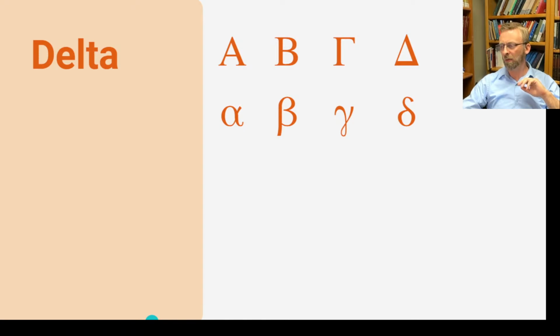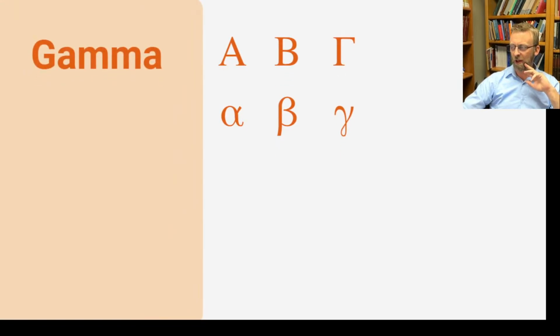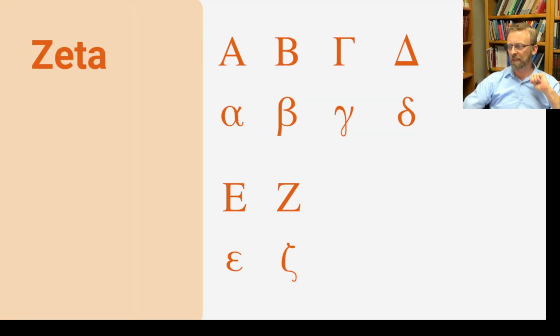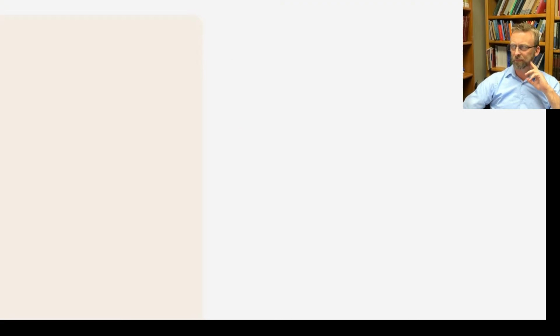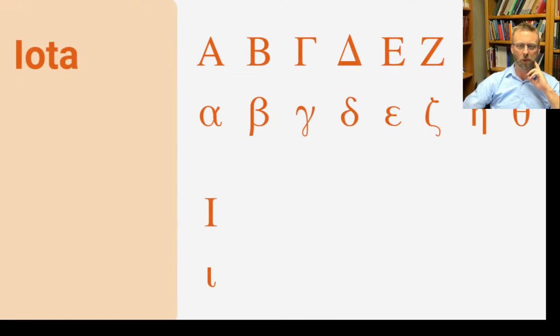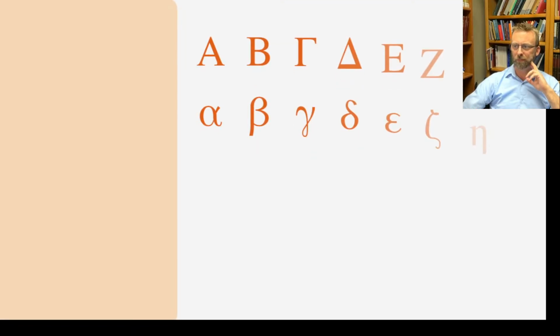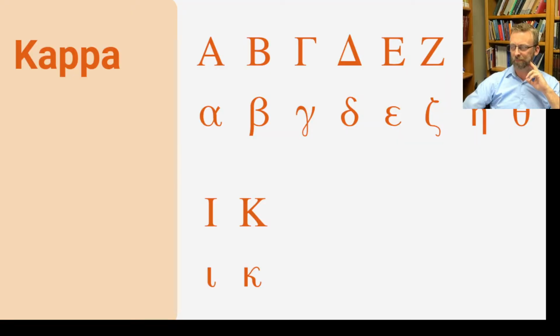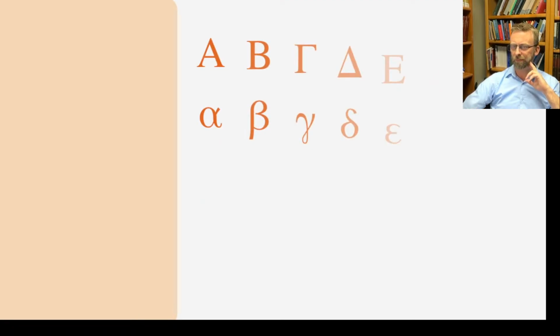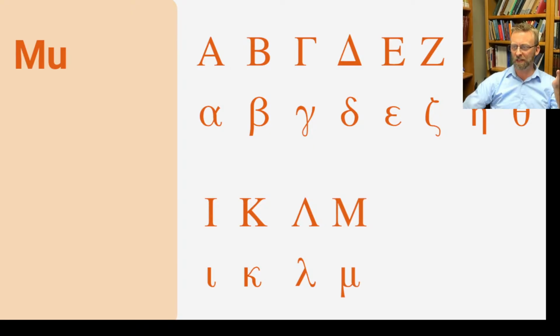Then we skip over gamma, delta, epsilon, zeta, eta, theta, iota, kappa, lambda, and mi. Notice it says mu up there because that's how we're taught in Erasmian, but it's mi.